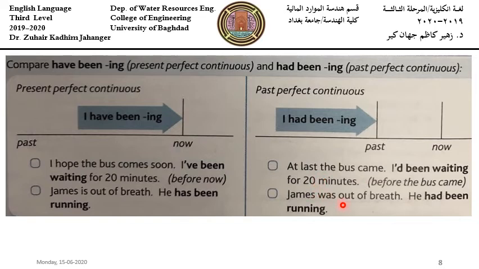He had been running. So James, not now, in the past, was out of breath. He was running until he was here and I saw him. Why was he out of breath? Because he had been running.